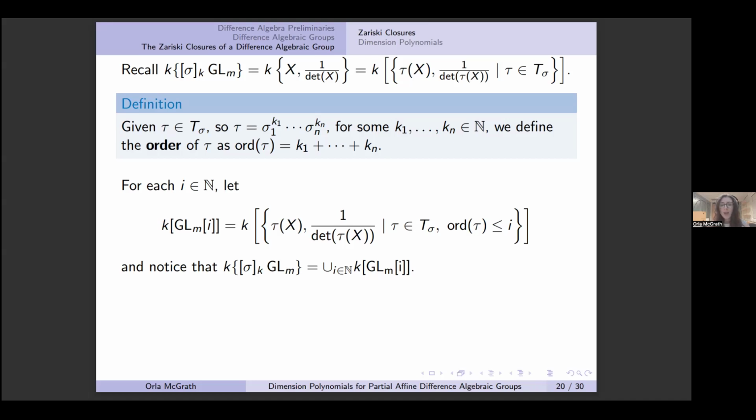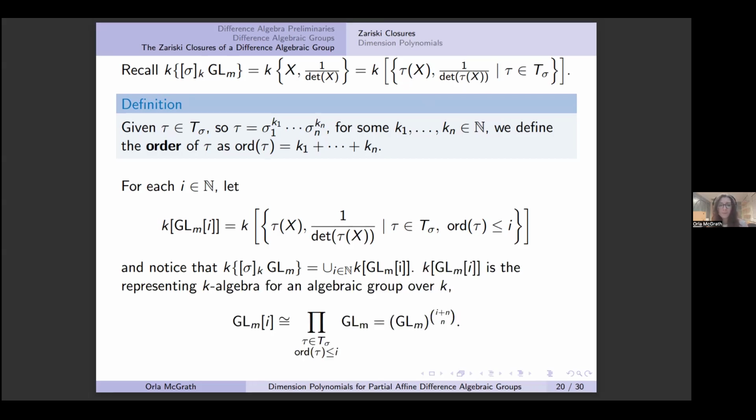Hopefully you can see that our difference algebra is the union of each of these algebras that we have. And each of these algebras is the representing algebra for some algebraic group. Remember here, because we've almost gotten rid of our difference structure, we're dealing with just algebras and algebraic groups.